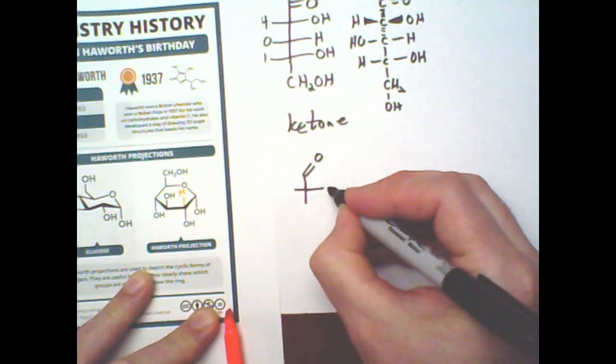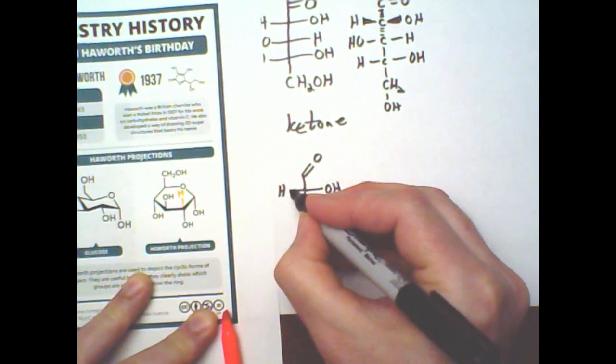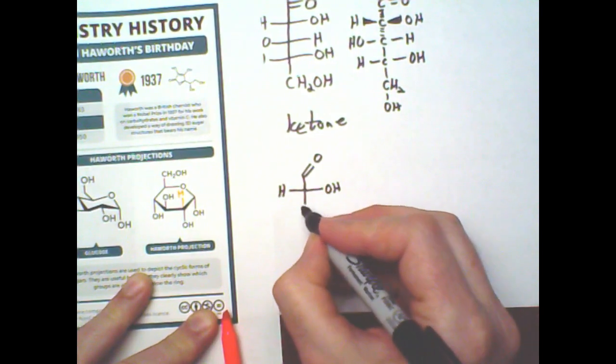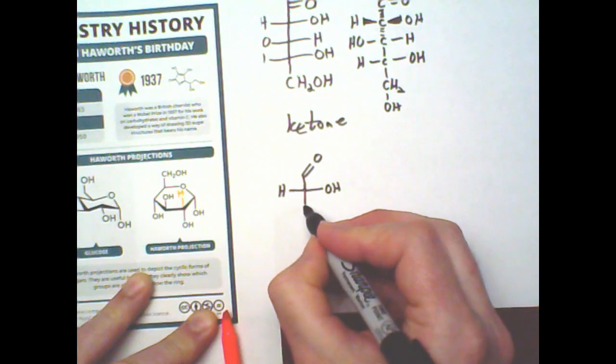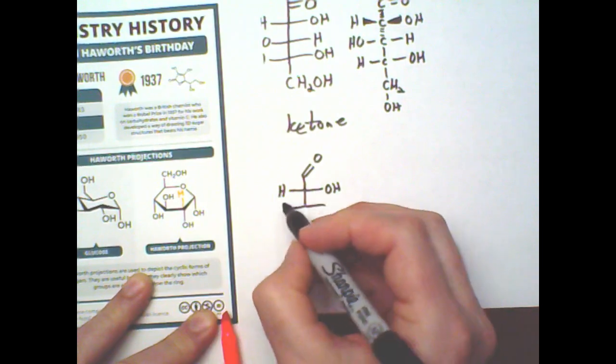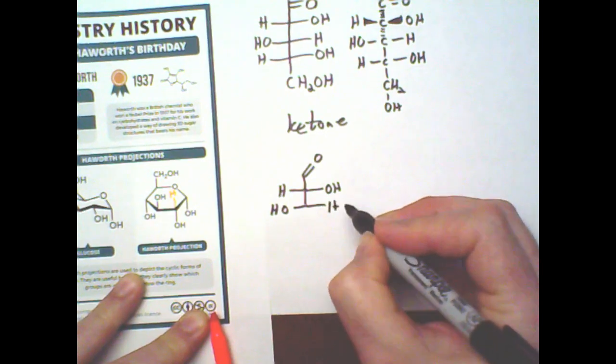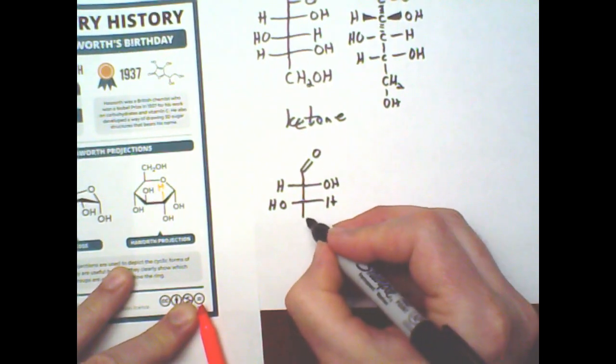And this down oxygen is going to be on the right. The up hydrogen is going to be on the left. Let's go to the next one. This time, the OH and H are both sticking out towards us, but the OH is on the left, the H on the right.